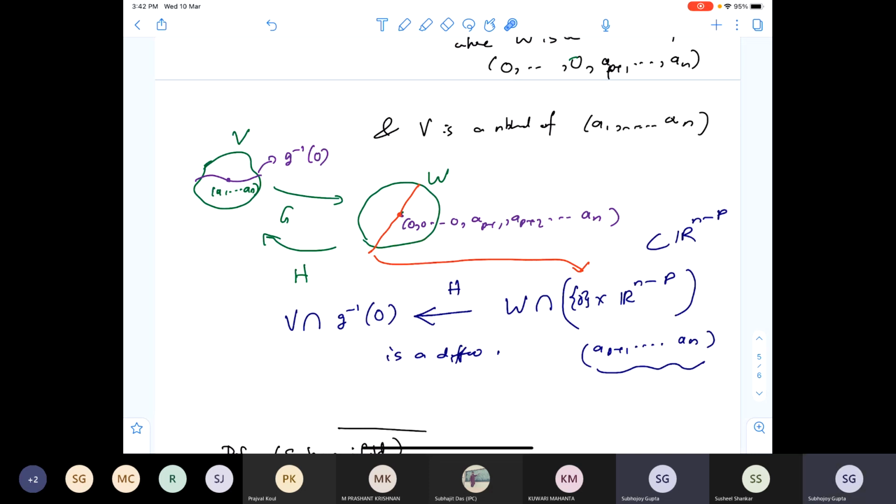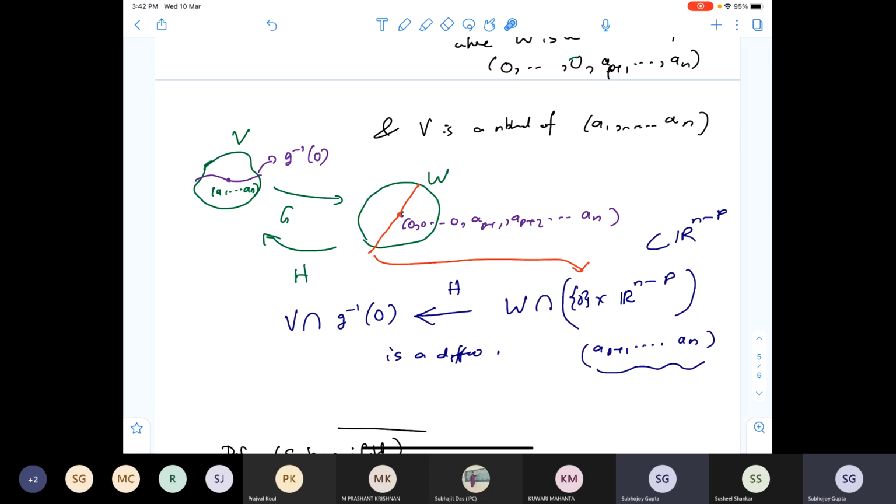Okay, so anyway, you can go back and do some diagram chasing if you like to figure out that this is indeed so: if you restrict H to this slice, you are getting a diffeomorphism to this open set that I've written on the left, and this is your parametrization, rather, not the chart.